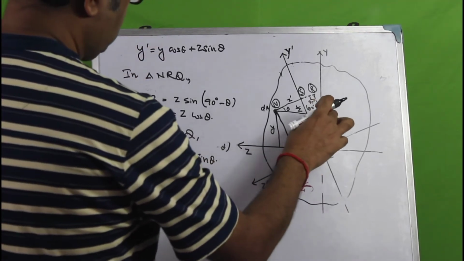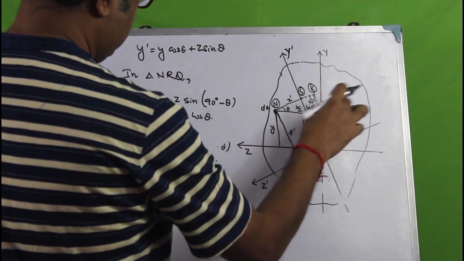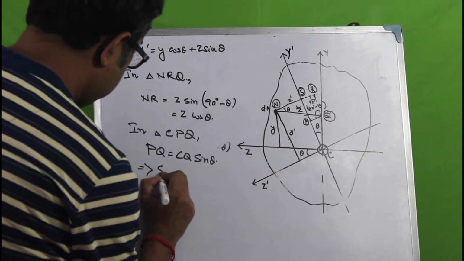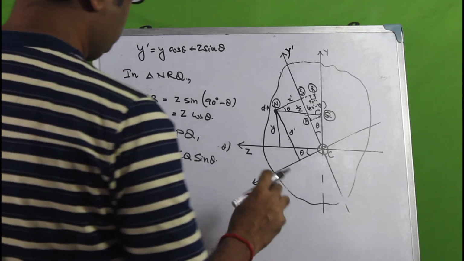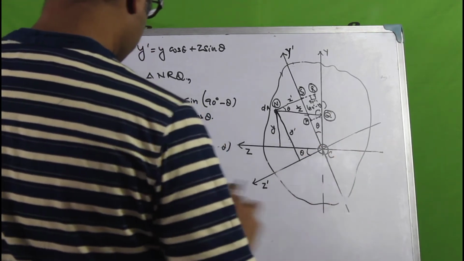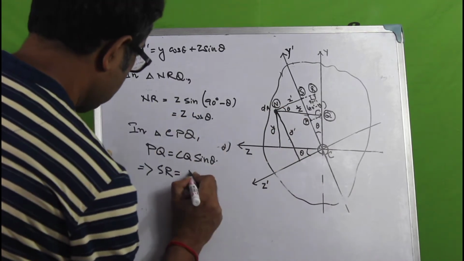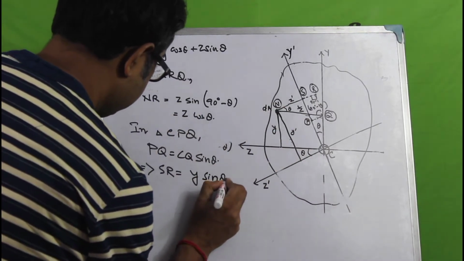So what is PQ? This is a rectangle, right? So PQ is nothing but SR. That would mean SR is equal to, what is CQ here? CQ is nothing but the value of Y, so this would be Y sin theta.